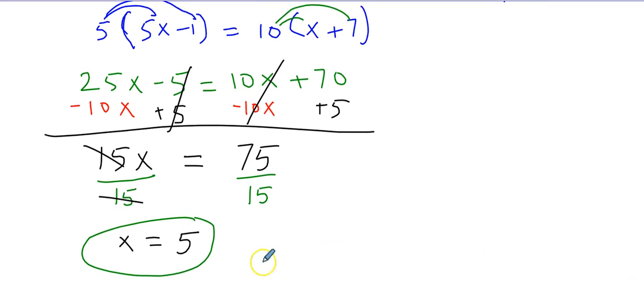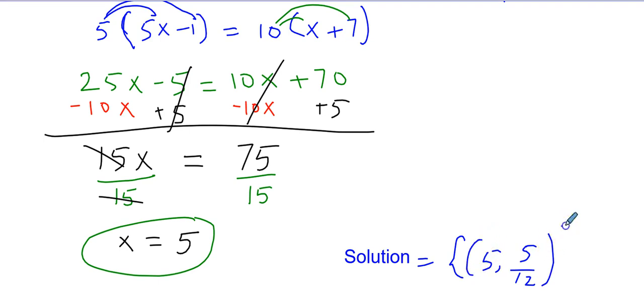We got the value of x, and that value of x on substitution gave you y, and your solution is x value 5 and y value 5 over 12. This one ordered pair is the solution.